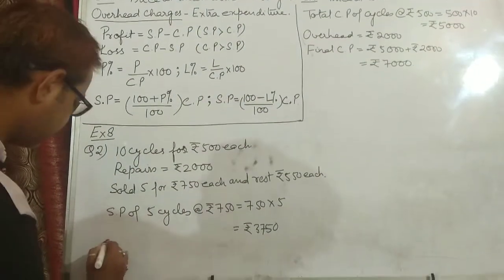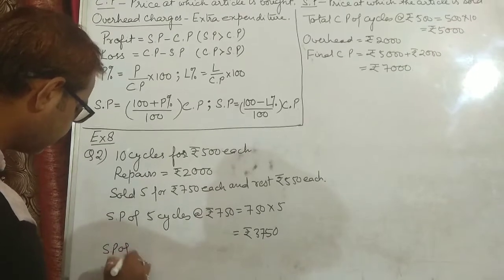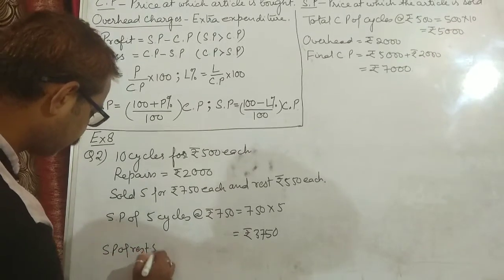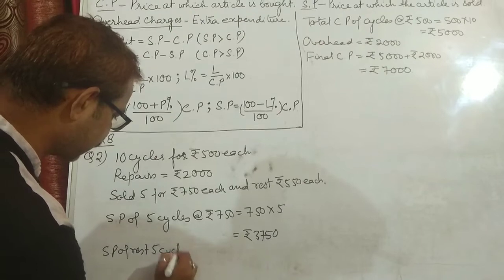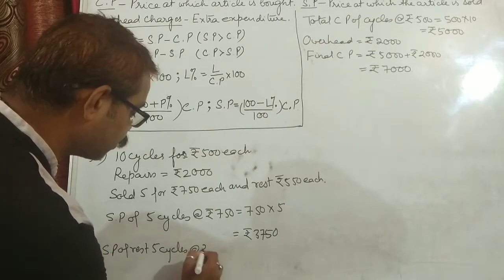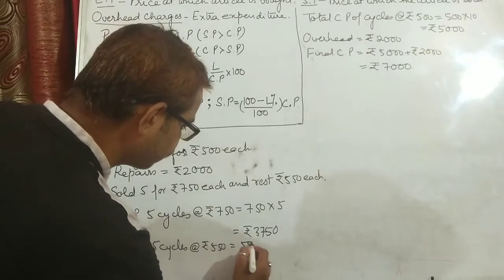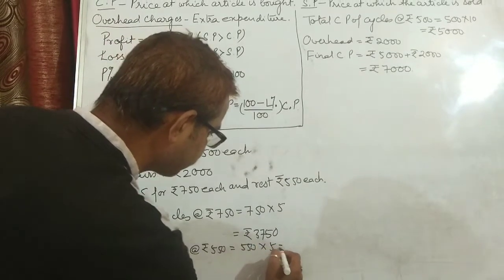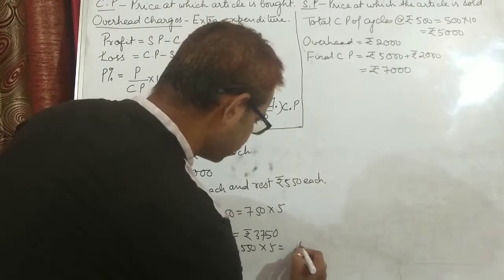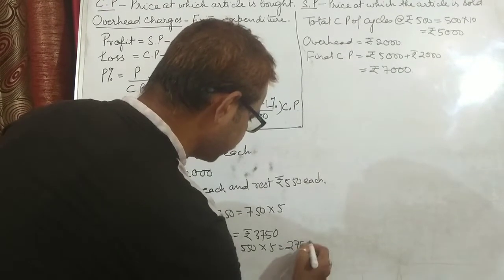And the selling price of the rest 5 cycles at rupees 550 is equal to 550 into 5, that is 2750.